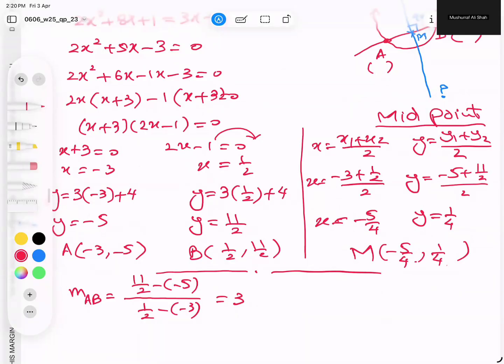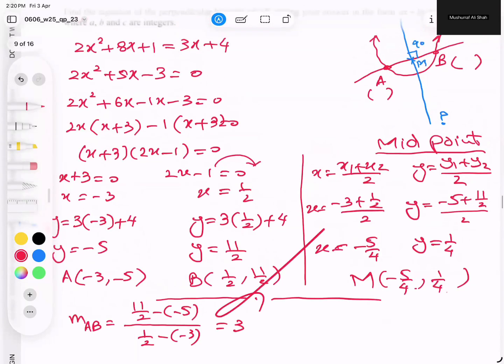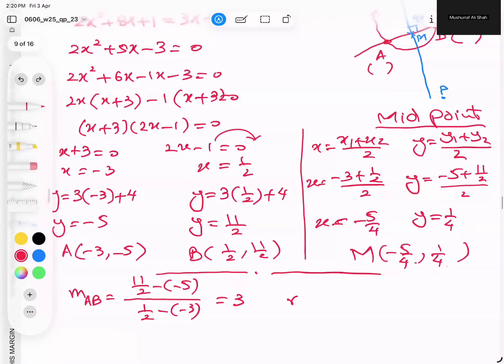So it gives us 3. So the red line gradient is 3 and the blue line gradient is minus 1 over 3. I'm saying the perpendicular gradient is the negative reciprocal. 3 as 3 over 1, the 1 goes up, the 3 goes down, and the plus sign becomes a minus sign. So this point is very clear.